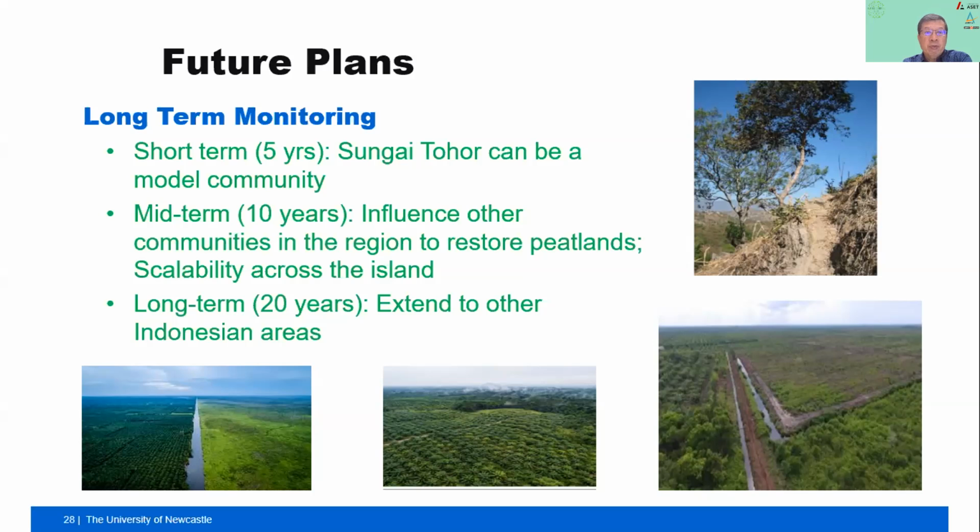The short term, 5 years, is to use Sungai Tohor as a model community, and hopefully over 10 years influence other communities in the region. There are many on Tebing Tinggi Island, to restore the peatlands, that we can scale up this model across the island and, much longer term and sustainably, extend to other Indonesian areas.